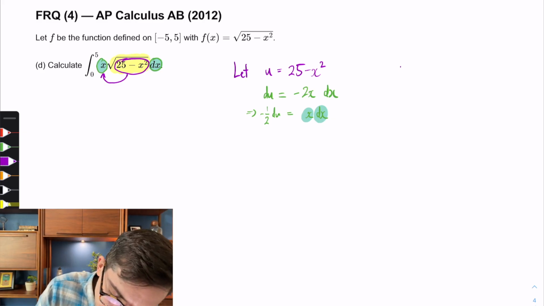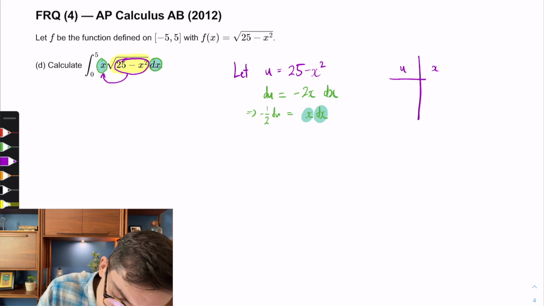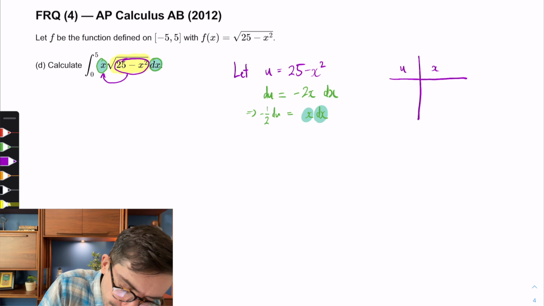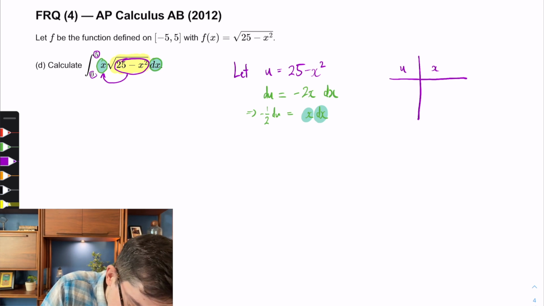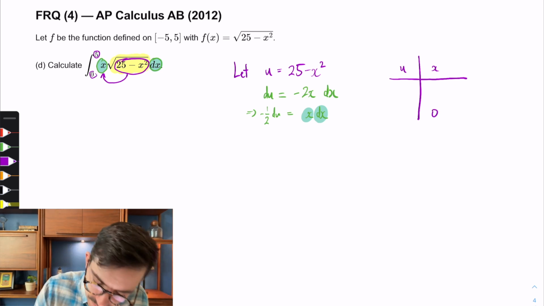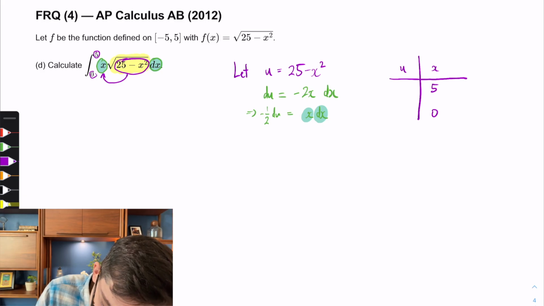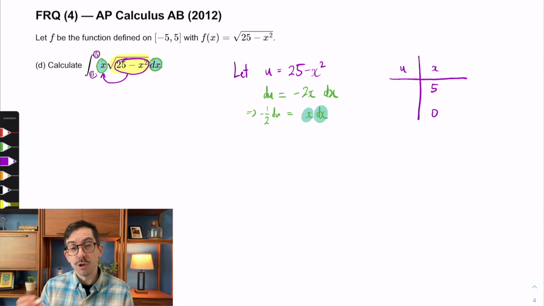Now, we should also, because it's very easy to forget this, figure out my limits of the integral in terms of x. It's a dx integral. So when x is 0 or x is 5, I need to work out what u is if I'm going to turn that into an integral in terms of du.